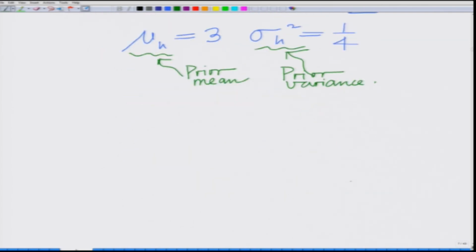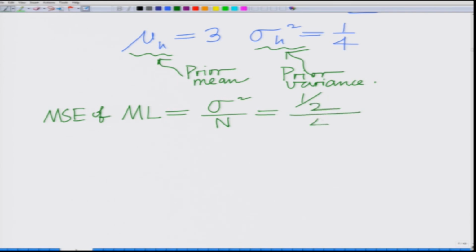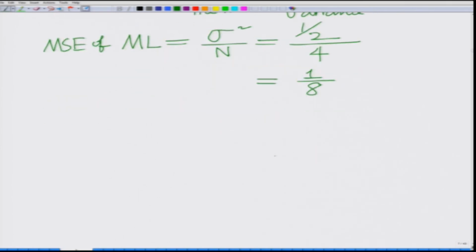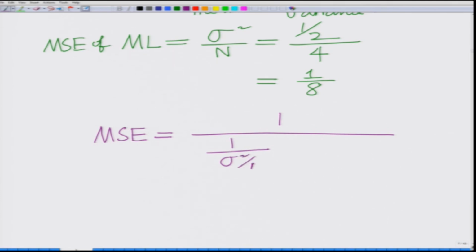Therefore, now we have all the ingredients. The MSE of ML equals sigma square divided by n, that is sigma square is half divided by n is 4. So, this is equal to 1 by 8, and therefore, the net MSE equals 1 divided by 1 over sigma square over n plus 1 over sigma h square.